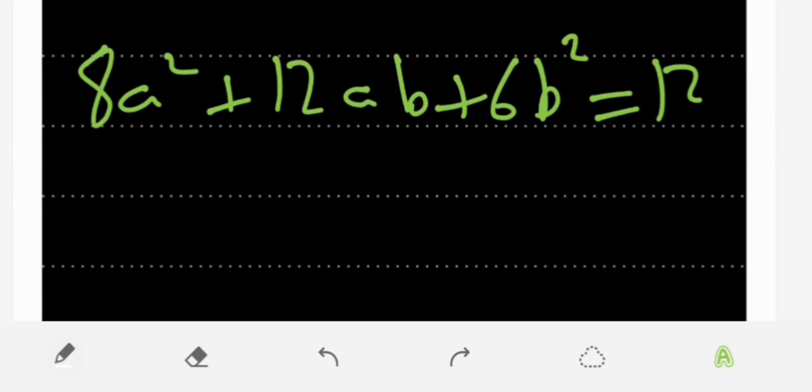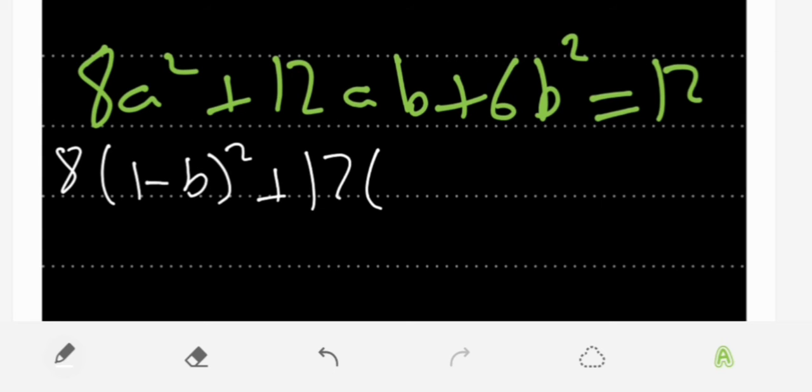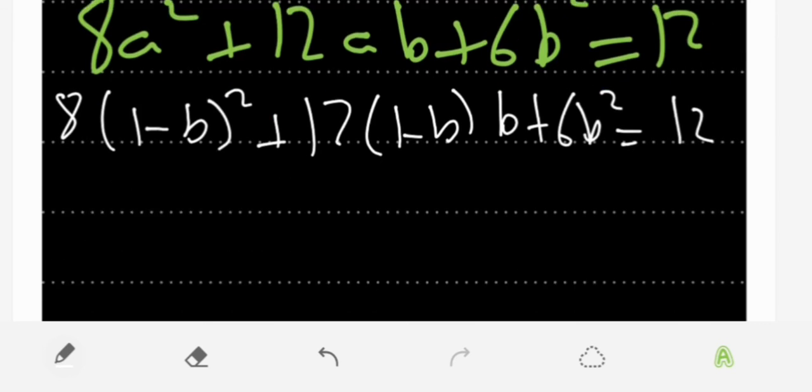So 8 multiplied by 1 minus b squared plus 12 multiplied by 1 minus b multiplied by b. This is just this, okay? So plus 6b squared is equal to 12.